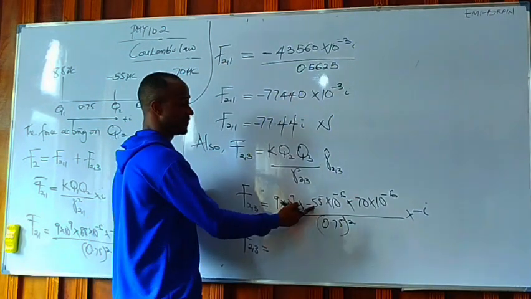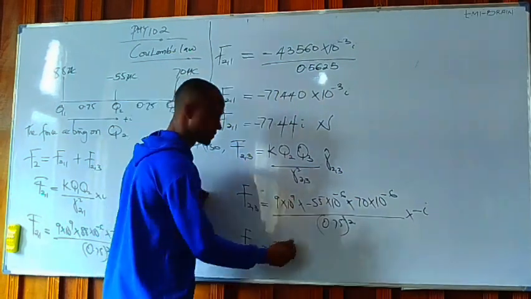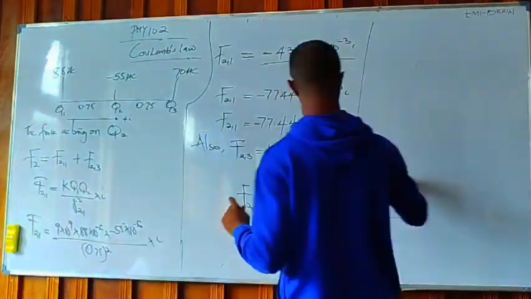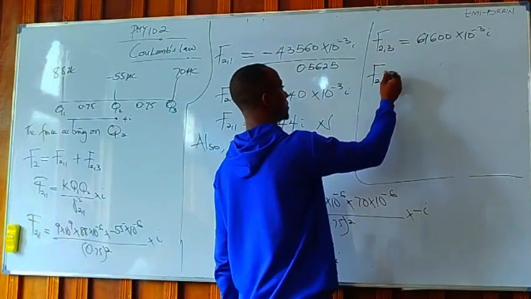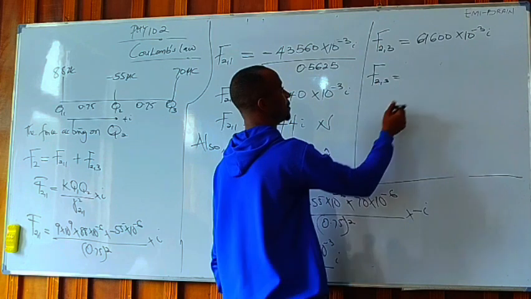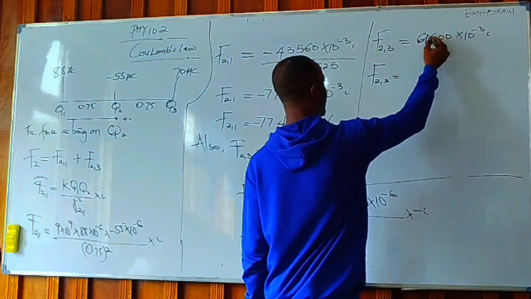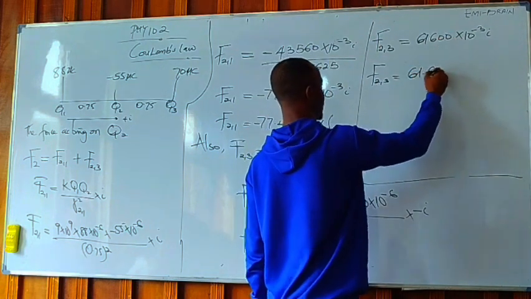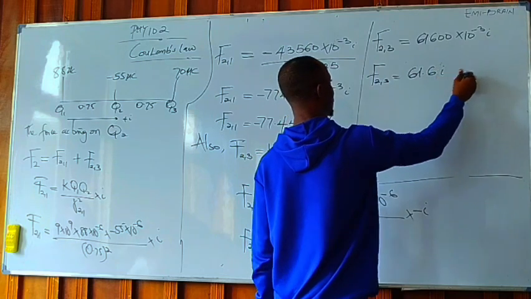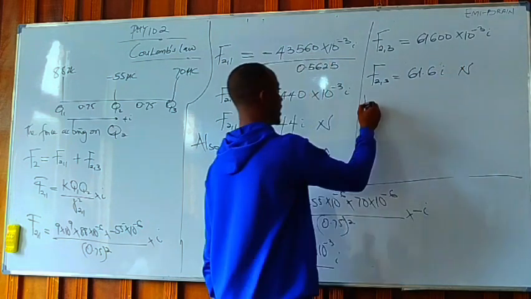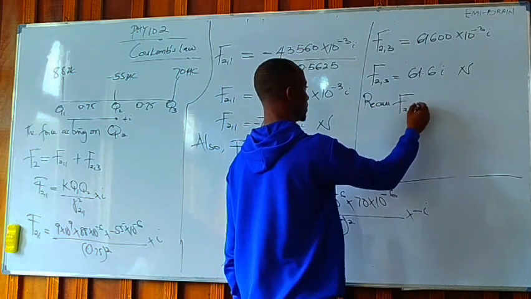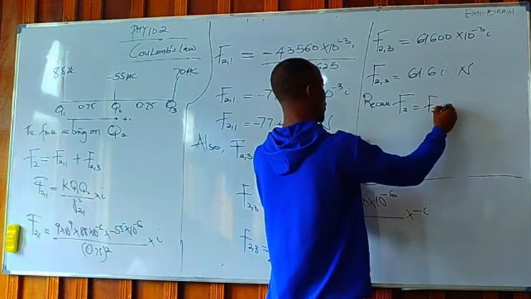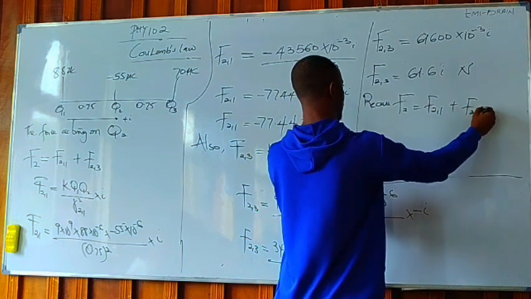Okay. Therefore, our F23 becomes, what's 9 times 55 times 70? What do you have? So our F23 becomes 61.6 i, all in newtons. Then recall that F2 equals F21 plus F23.